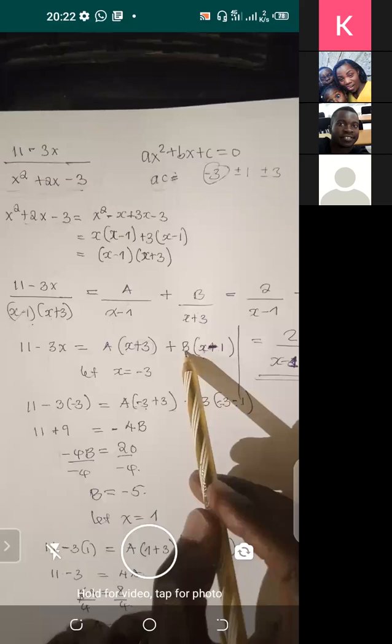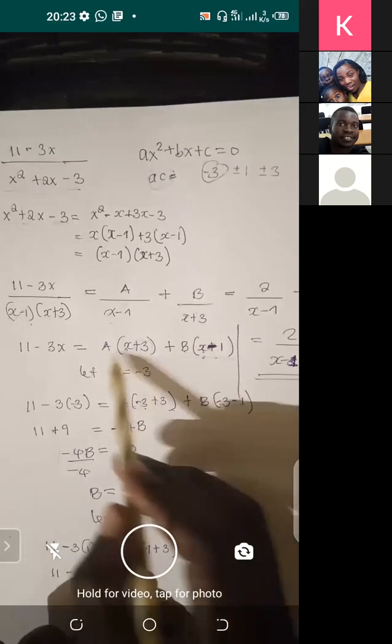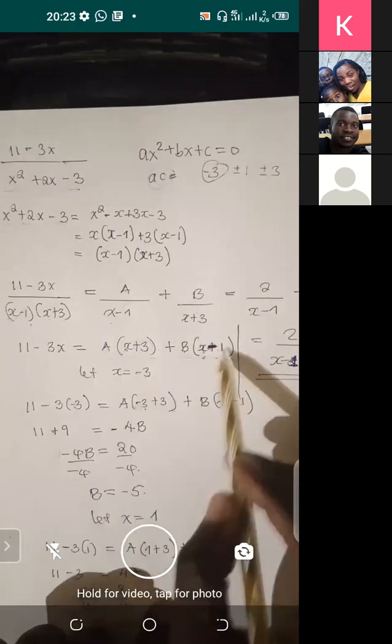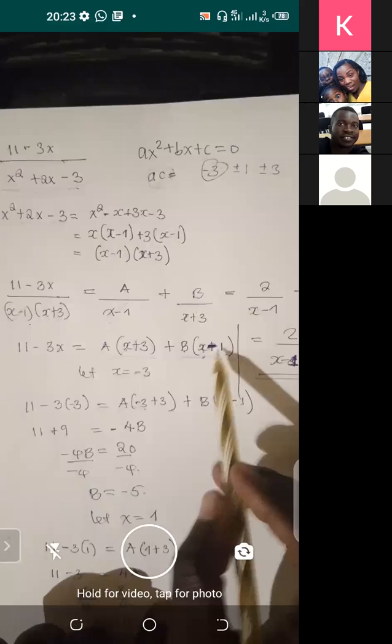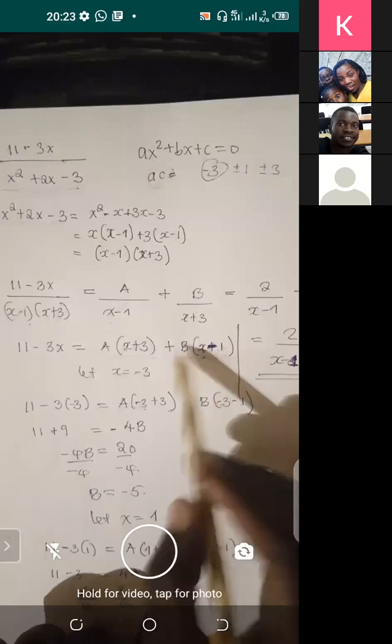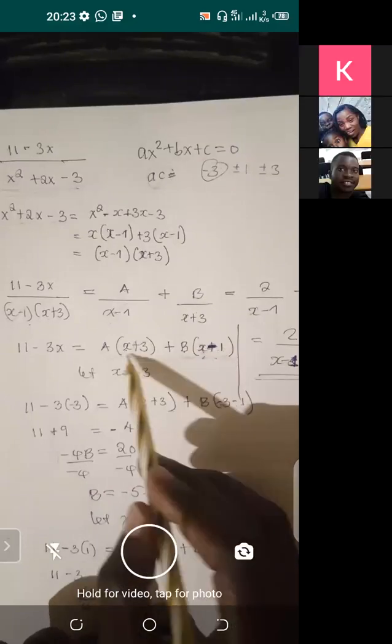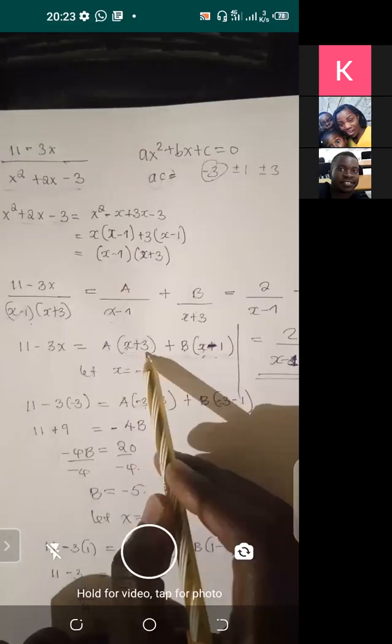And here you see this is x minus 1. When x is 1, it's going to make the other variable 0. So that's how you pick the numbers. It's not that you pick any number. You look at the terms you have, and that will make you eliminate one of the letters, either A or B. So you can start with any one. It doesn't matter.